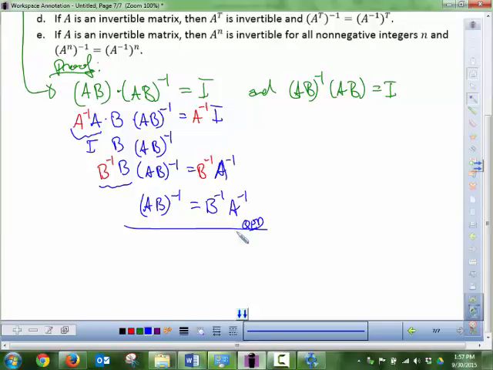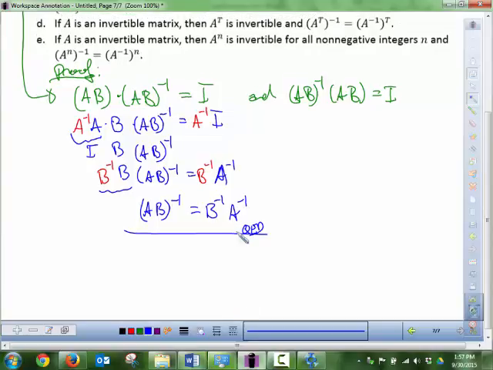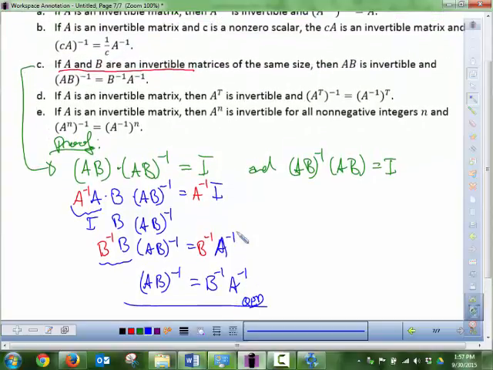So that's an important property. When you take the inverse of a product, you can't just take the inverse of them separately. You have to switch the order of the product.